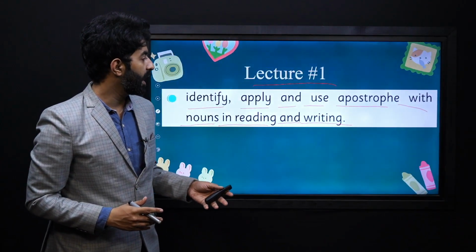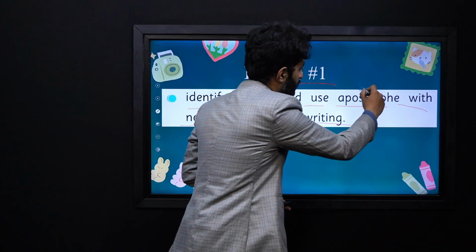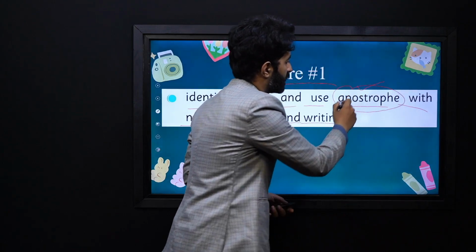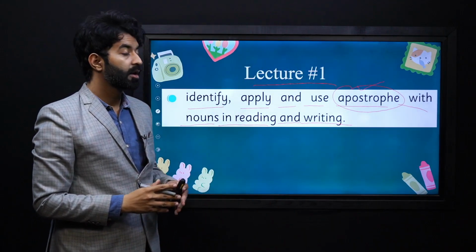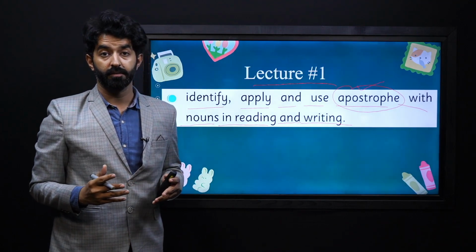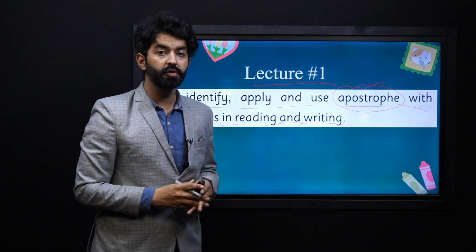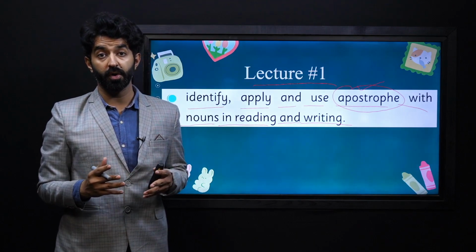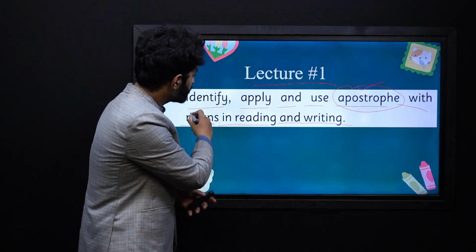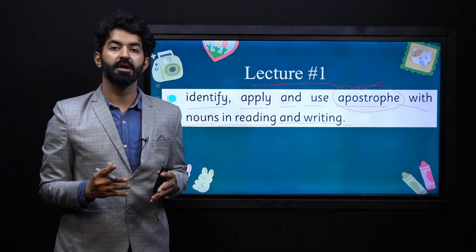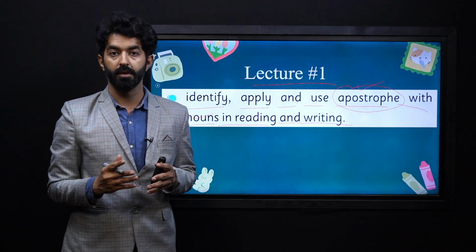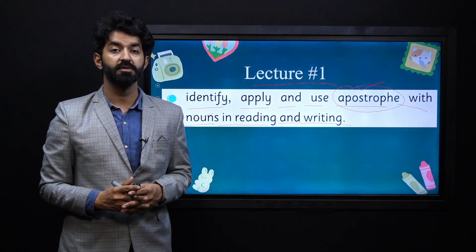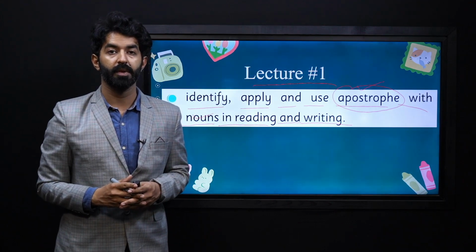We will be looking at our keyword, which is apostrophe, in our students learning outcome. So we will be identifying, applying and using apostrophe, which you are already familiar with, with nouns in reading and writing. We will be seeing it in both reading and writing. So this is a very short, quick lecture.